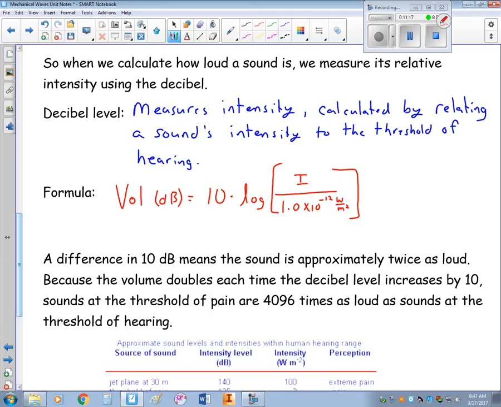If I were to plug in the threshold of pain, 1, we would calculate that the volume in decibels for the threshold of pain is right around 120 decibels.